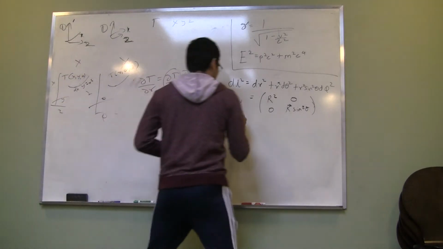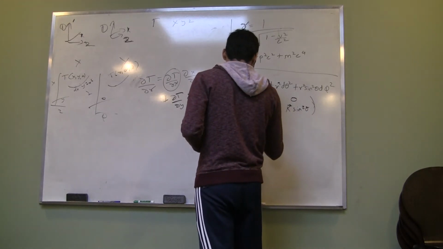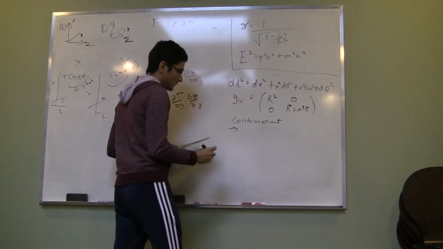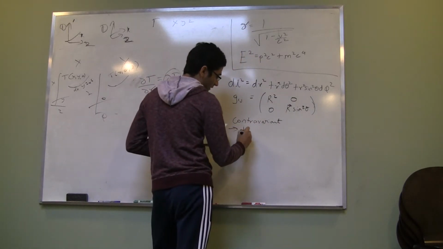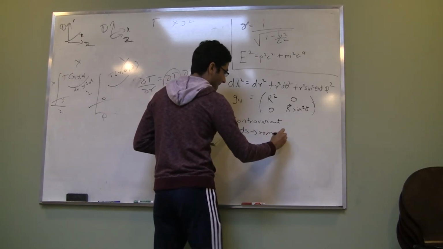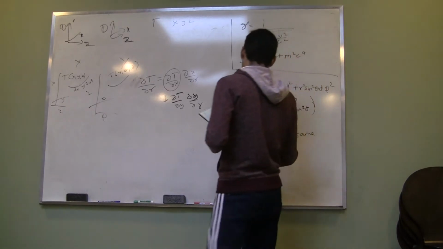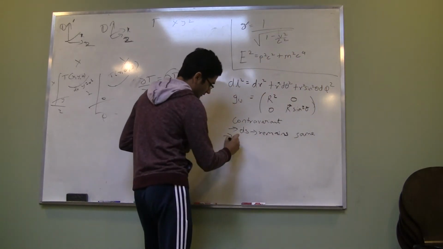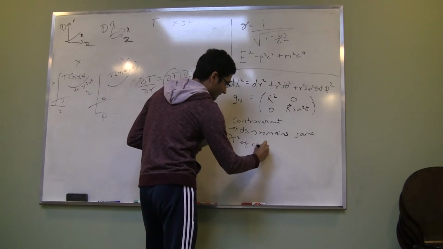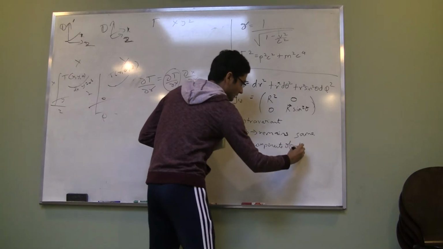So contravariant is ds remains same, and transformation of components of ds length.